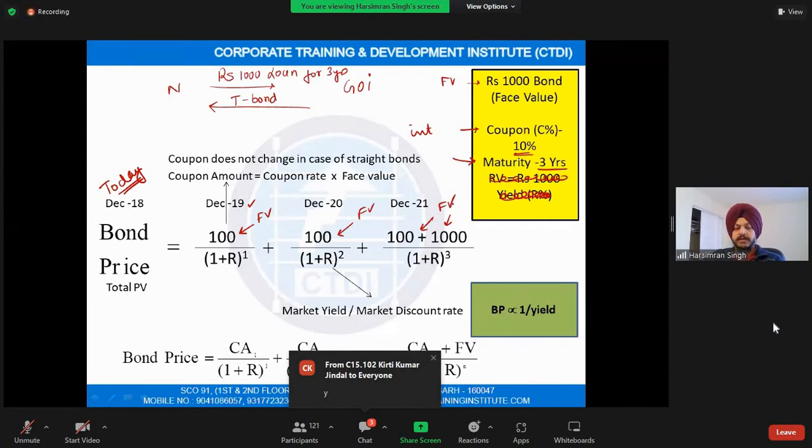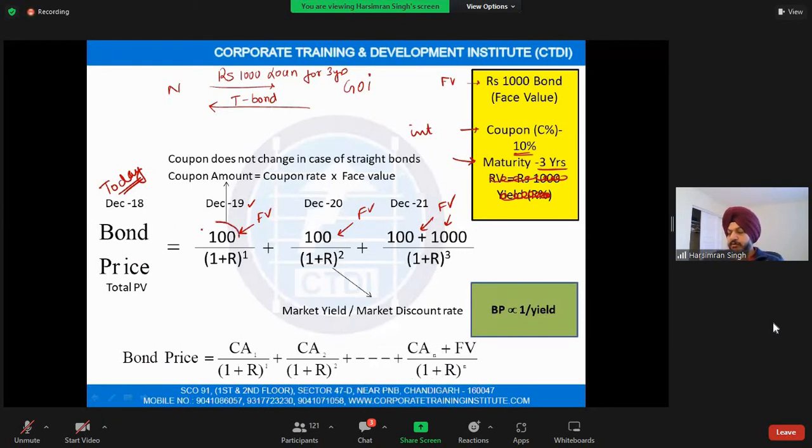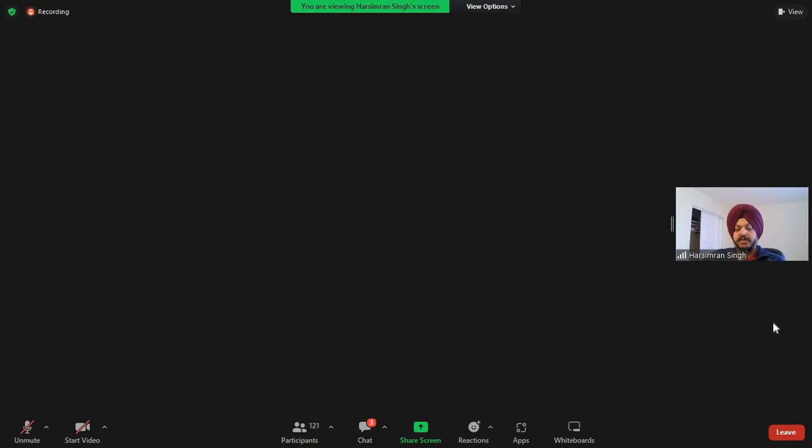How do I convert the future value into today's value? I divide the future value by 1 plus r raised to power 1. This is the present value. 100 by 1 plus r raised to power 2 is the present value of the second payment. And 1100 divided by 1 plus r raised to power 3 is the present value of the third payment.